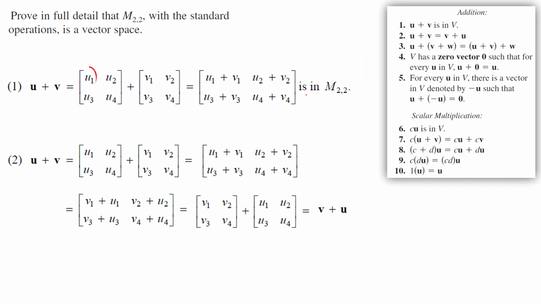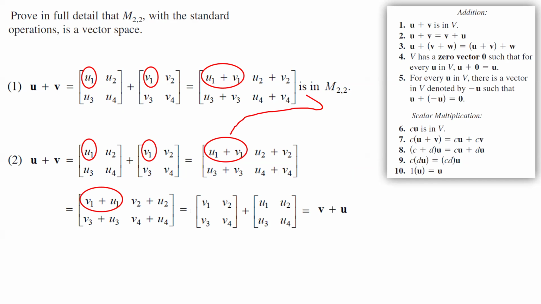And then if I add U and V, it must be equal to V plus U. There shouldn't be any difference between them. So if I add U and V, I have U1 plus V1, the first entry of this new matrix. But I can switch these two.